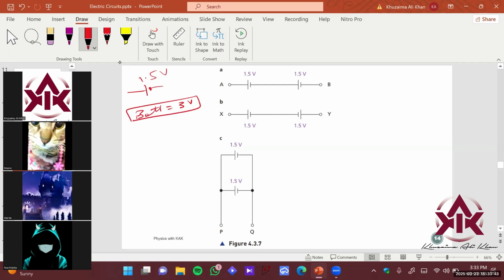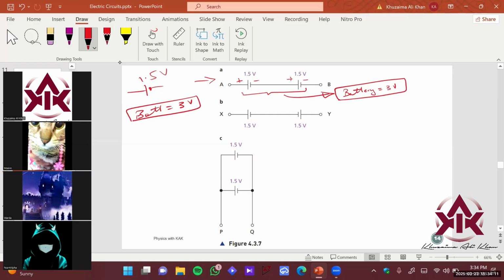I would arrange them in this particular configuration, with a positive, negative, and then a positive and a negative here. If I have alternating polarity of the cells, the combined EMF of these two cells will give me a battery of 3 volts.